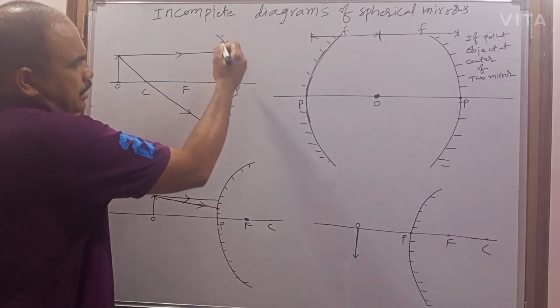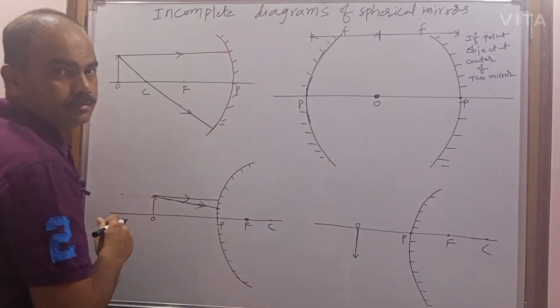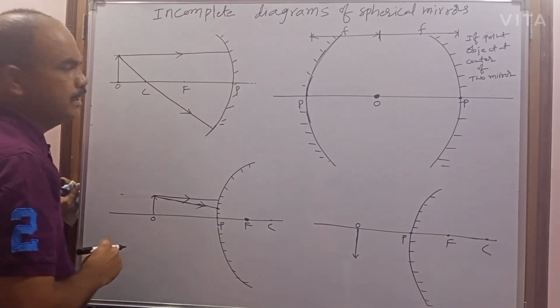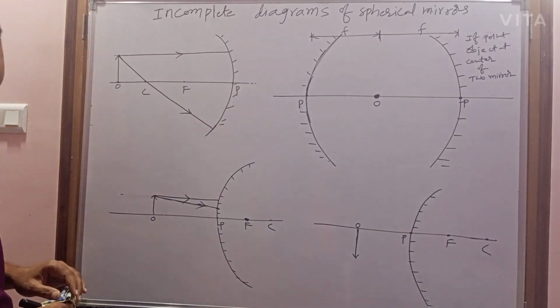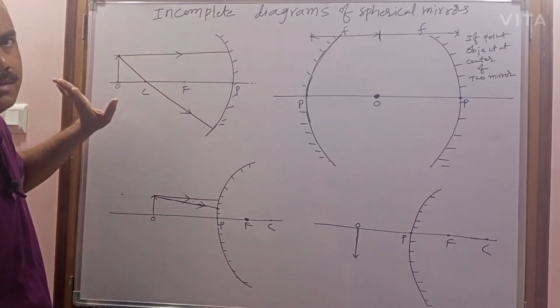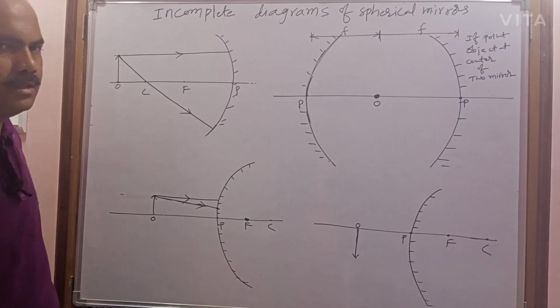Which mirror does this belong to? This belongs to the concave mirror. And here is the object, and incident rays are already given. Now you have to complete this diagram.